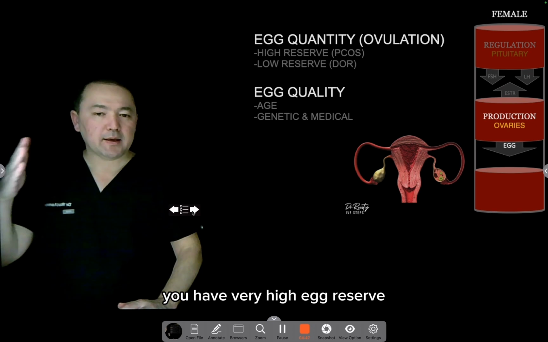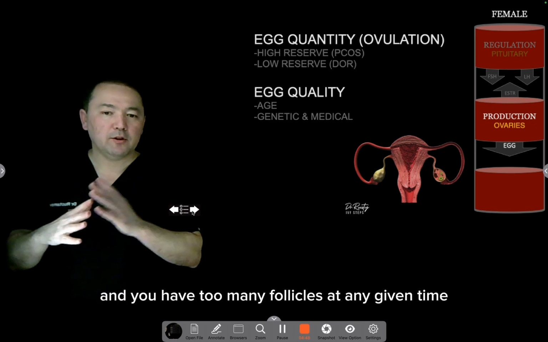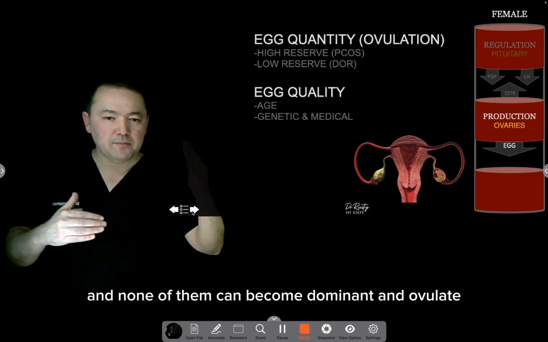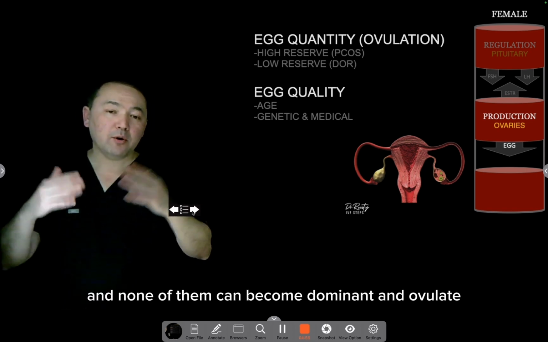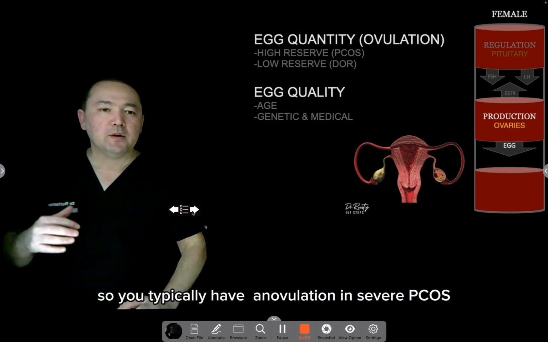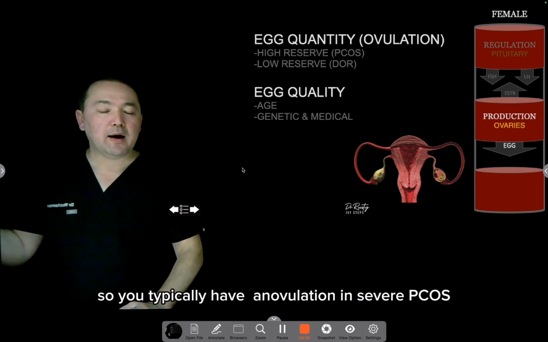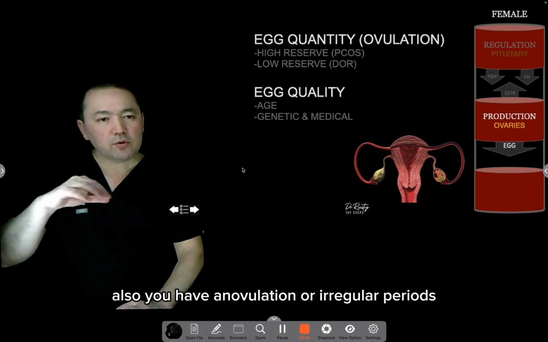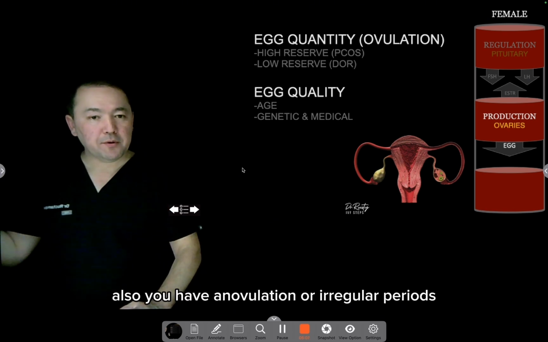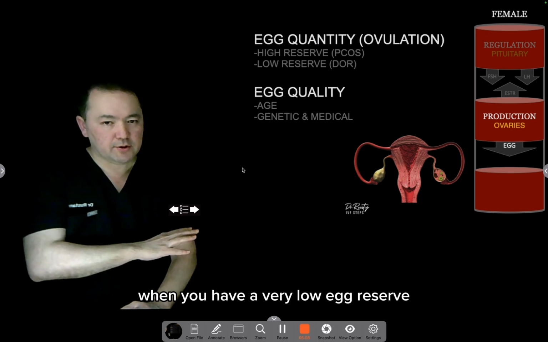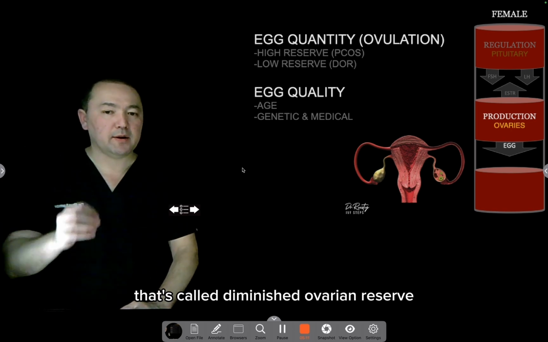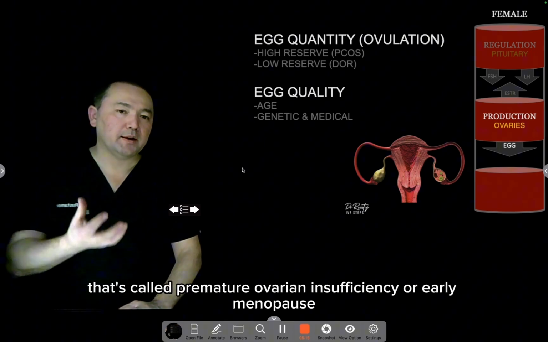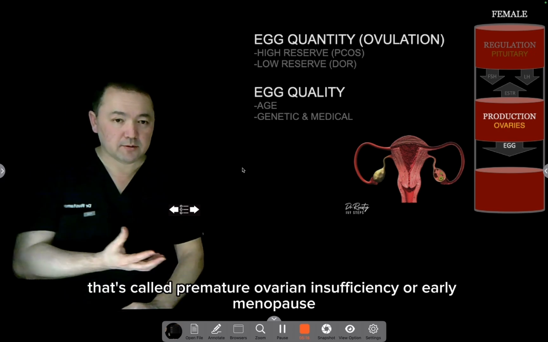You have very high egg reserve and you have too many follicles at any given time, and these follicles compete and none of them can become dominant and ovulate. So you have anovulation in severe PCOS. Also, you have anovulation or irregular periods when you have a very low egg reserve. That's called diminished ovarian reserve. In a severe form of that, it's called premature ovarian insufficiency or early menopause.